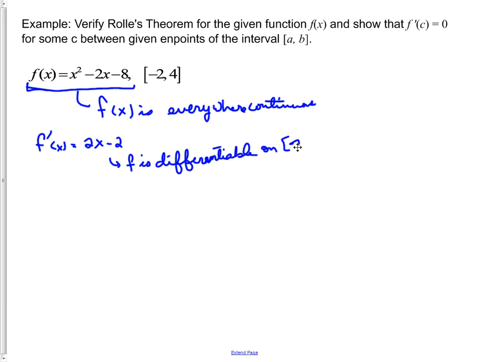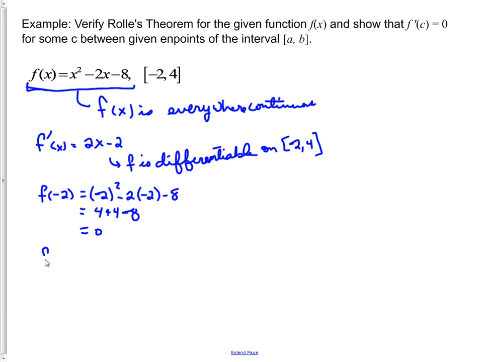So we've got a function that is both continuous and differentiable on the given interval. The next condition is that f of a is equal to f of b. So let's take a look at f of negative 2. F of negative 2 would be negative 2 squared minus 2 times negative 2 minus 8. Of course, that's the same thing as saying 4 plus 4 minus 8, and we know that ends up being equal to 0.